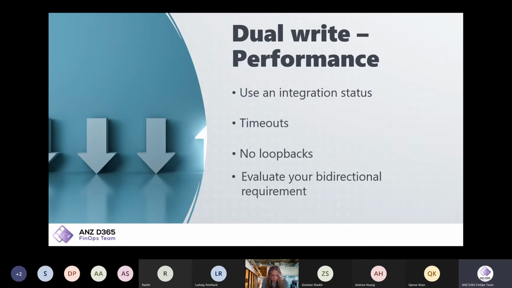But what happens if the request got filled into CE, but didn't make it to FNO because of some data validations or whatever the reason could be? There is no view or display in dual write where we can find out what went wrong, why this request didn't get created in FNO.